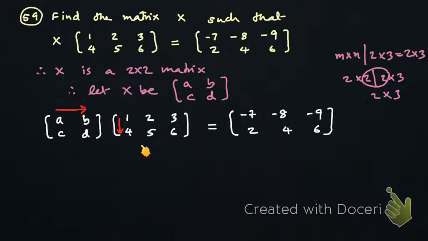Now this is a 2 by 2 matrix multiplied by a 2 by 3 matrix, which should give me a 2 by 3 matrix as the answer. We already checked it. So I'm going to do that matrix multiplication.